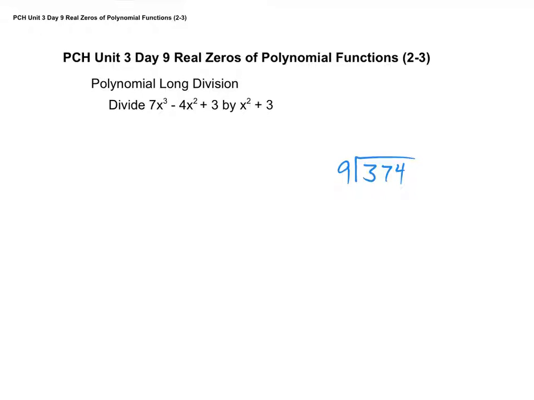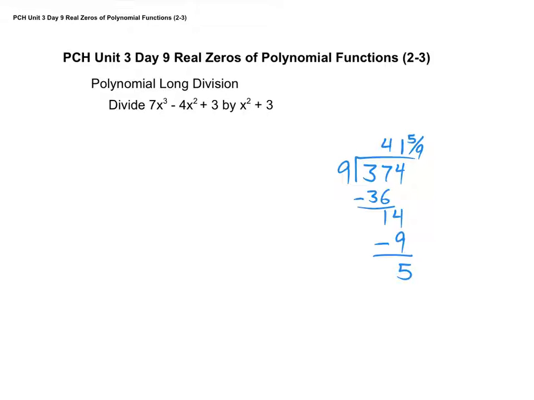The process here, 9 doesn't go into 3, 9 does go into 37, so you put a 4 down, and then you multiply, right? 9 times 4 is 36, and then you subtract, and then you bring down, and then you divide again. So 9 goes into 14 once, 1 times 9, you're multiplying, and then you subtract. And then when there's nothing left to bring down, you can write your answer. And you could write it as 5, and that 5 still has to be divided by the 9, so it's 41 and 5/9.